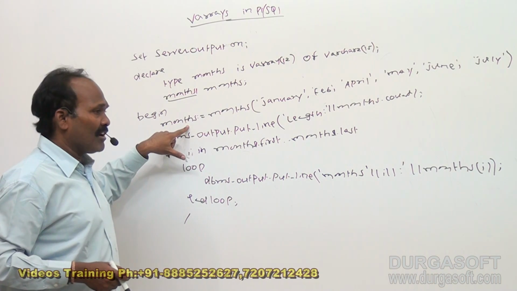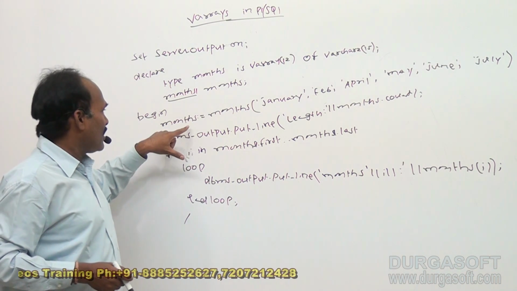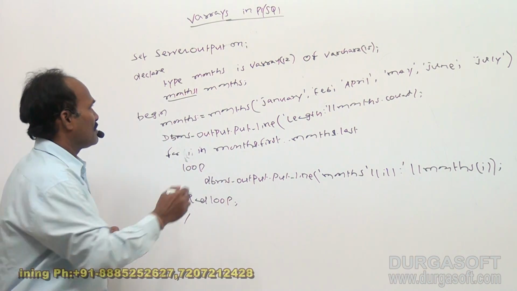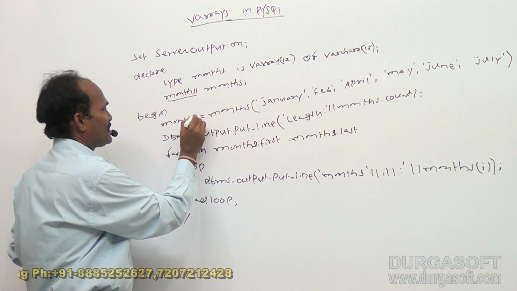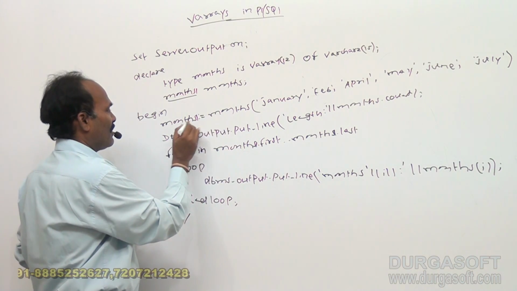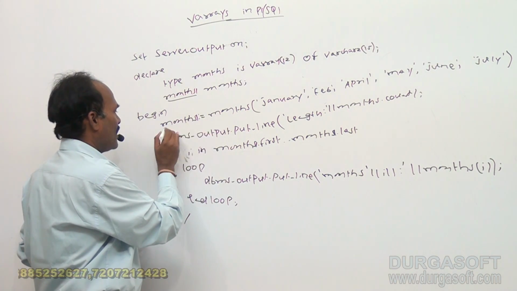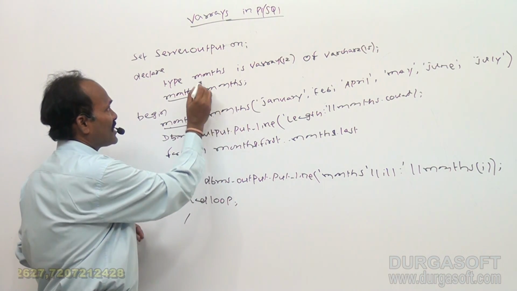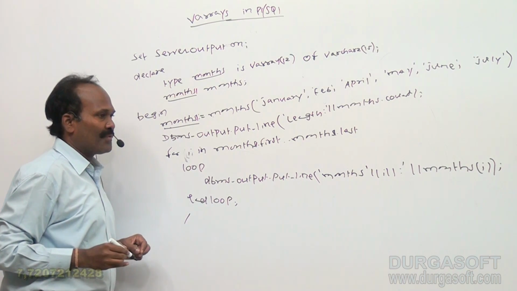Within this, I am declaring one variable and initializing months1 with months type. If you want to assign a variable, first specify the variable like this, months1 := months, and months1 is of which type here?